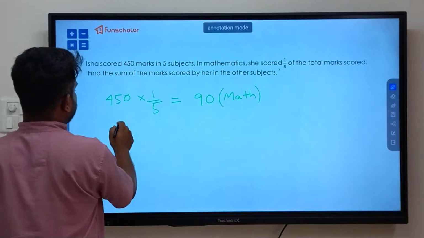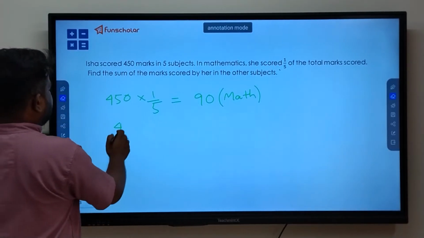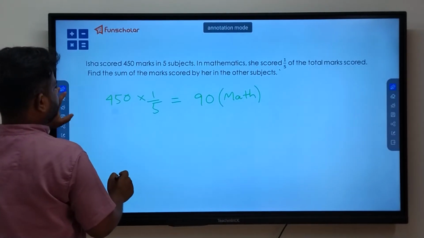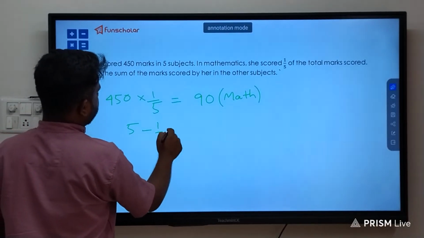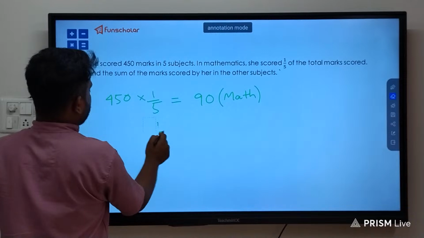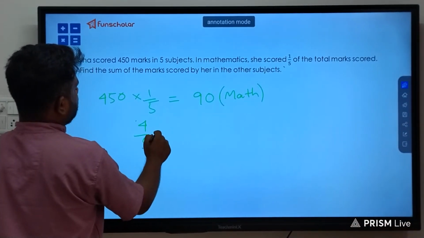Find the sum of the marks scored by her in the other subjects. So the rest will be 5 minus 1 by 5. Oh sorry, the rest will be 4 by 5.